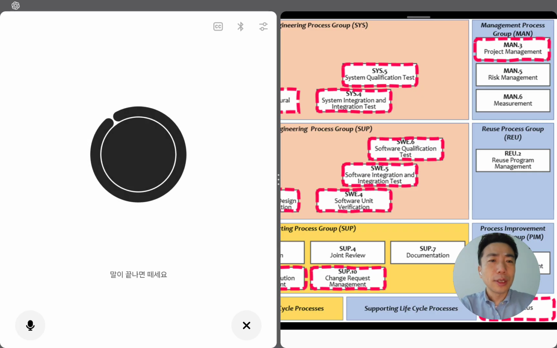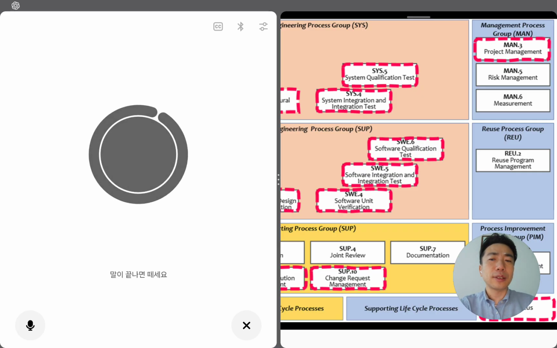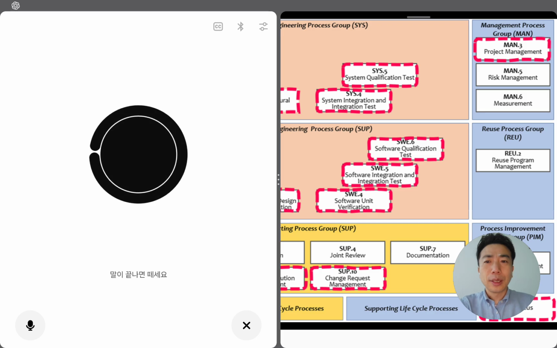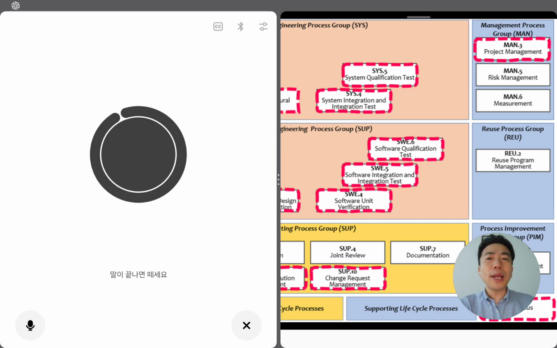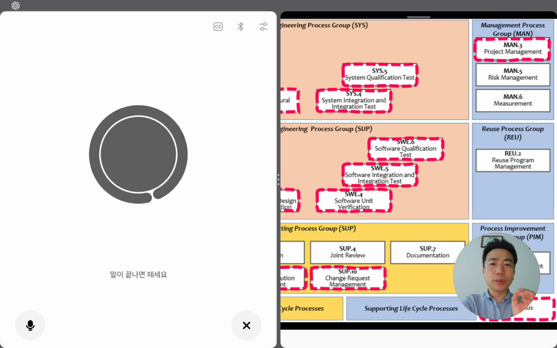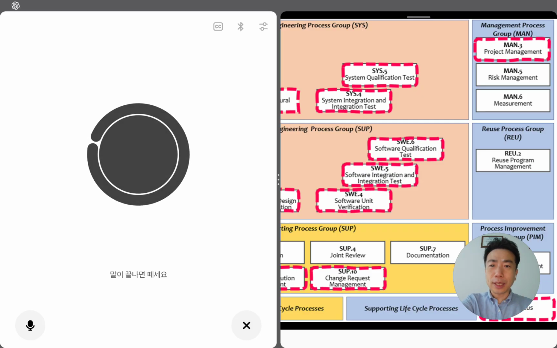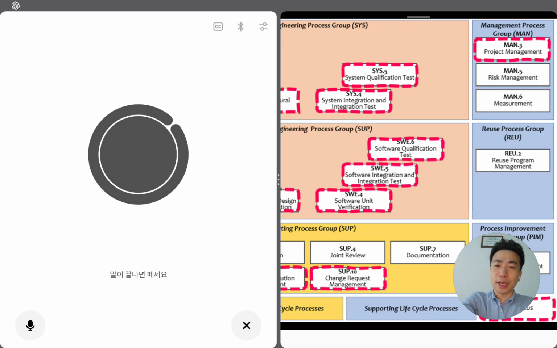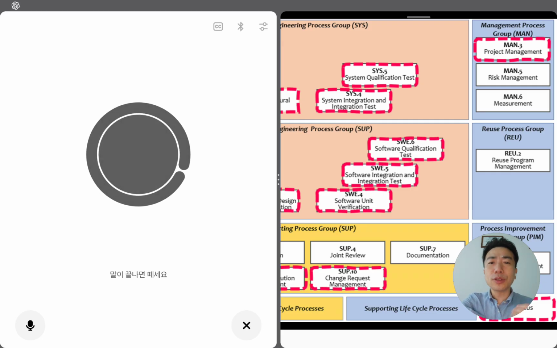I couldn't agree more. This is the perfect summarization for the MAN monthly project management process. It's about planning and controlling the project so everything stays on track. The team must make a clear plan, assign roles, watch progress, and handle risks or changes quickly.